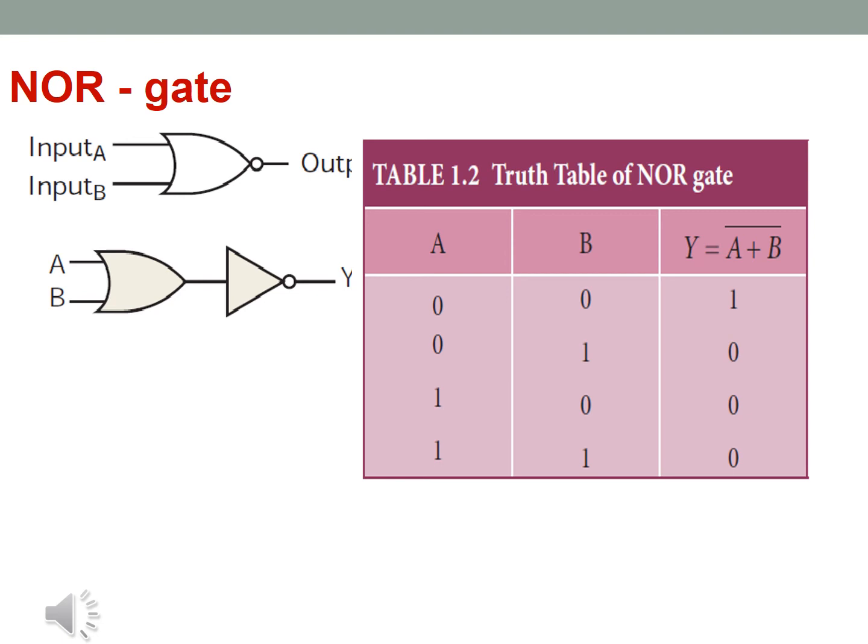If you are giving A and B as inputs, the output of the XOR gate means A XOR B, which is nothing but A bar B plus A B bar. This is actually the meaning of the XOR gate.